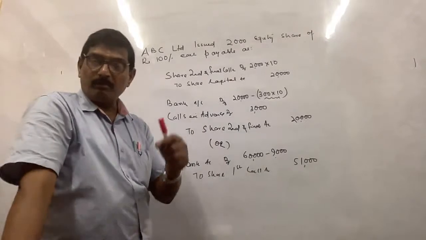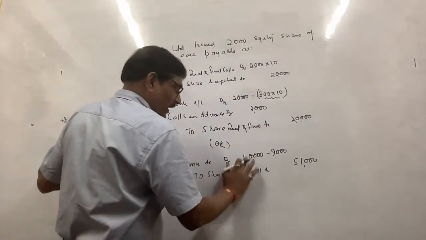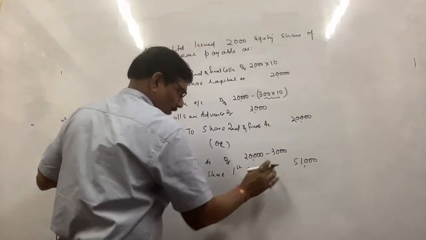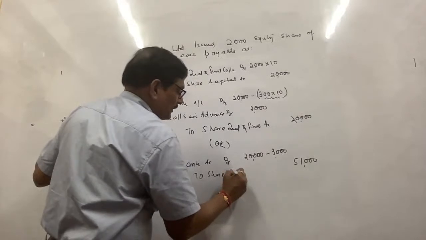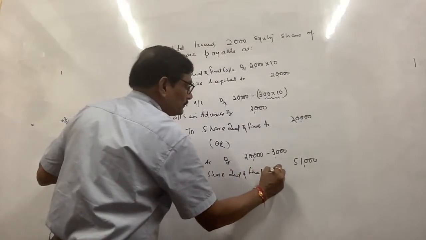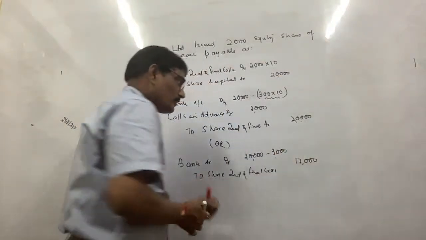And if we have not maintained calls in advance account, the entry will be bank account debit 20,000 minus 3,000, to share second and final call, 17,000.